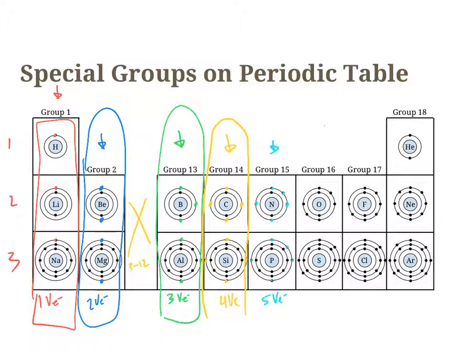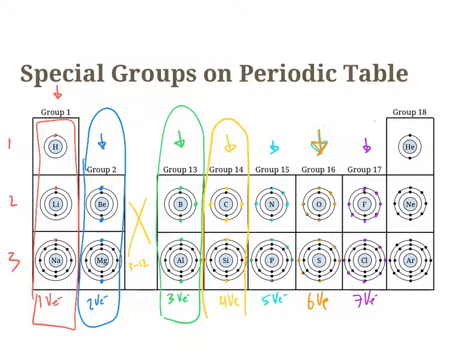Group 16 will have 6 valence electrons. And then group 17 will have 7 valence electrons.